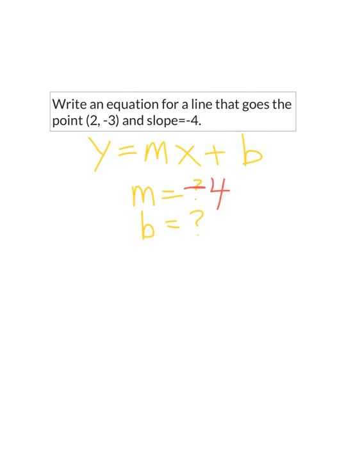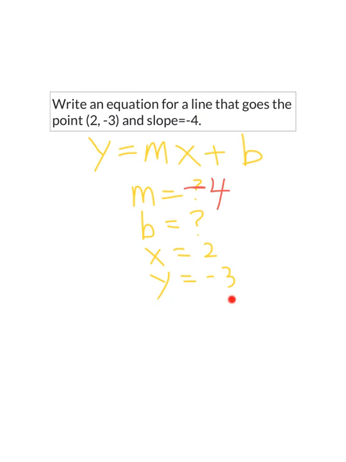All right. So I have an ordered pair that they gave me. So let's write down that information. I know that x equals 2 and y equals negative 3. Wait a minute, I know what I can do.